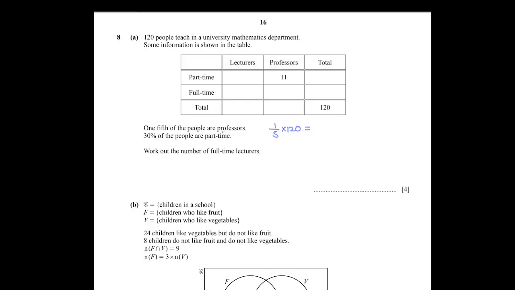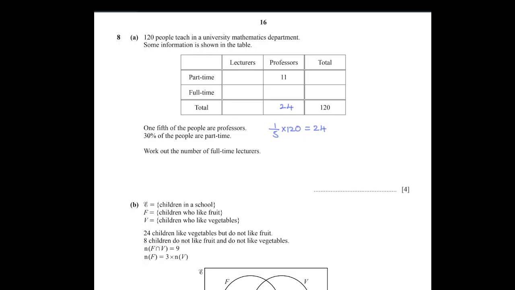So 1/5 of the people are professors means there are a total of 24 professors. So 24 should come here. 24 is the total number of professors.